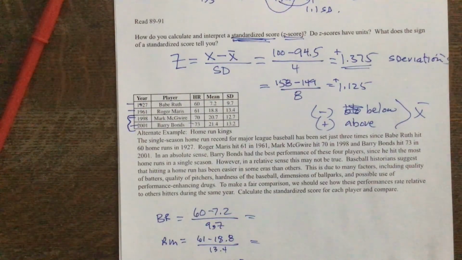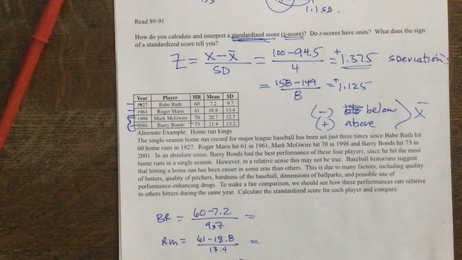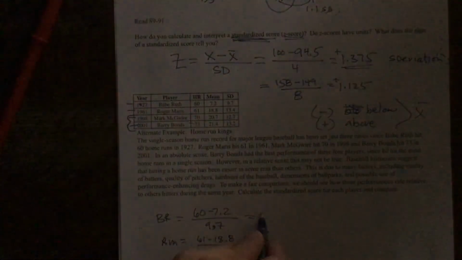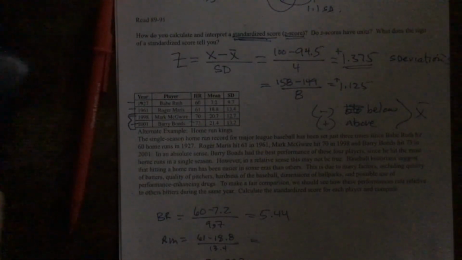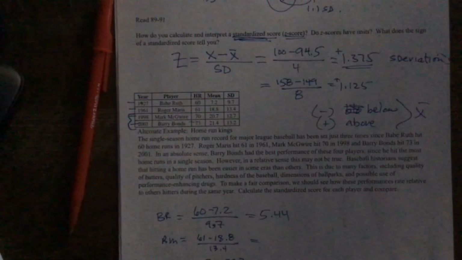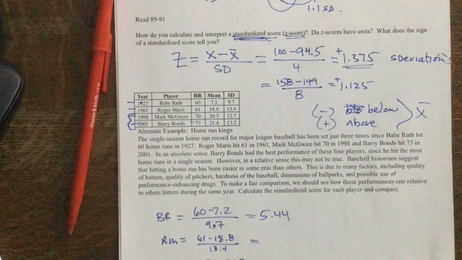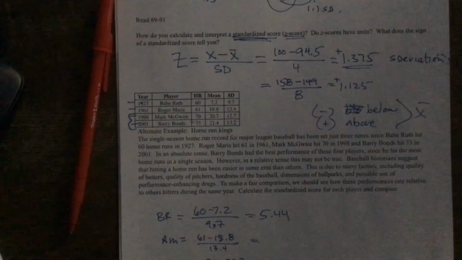And then we are going to do each one separately. So Babe Ruth is at 5.44. Here we go.